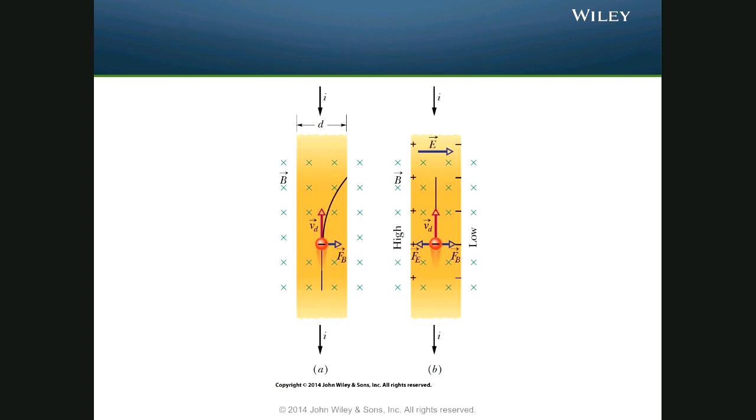Maybe that's all right. So in these crossed field situations, we need to not only remember that we're dealing with magnetic fields, where F_B equals q v cross B. We're also dealing with electric fields, and in the last instance too.